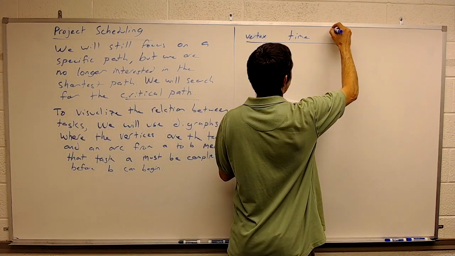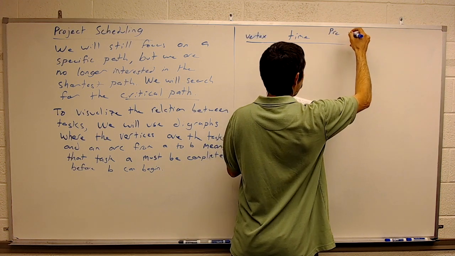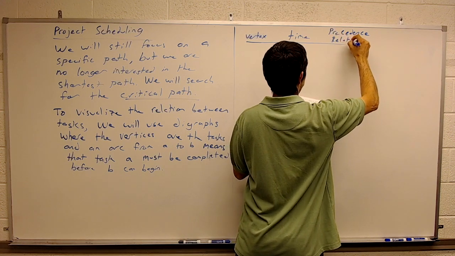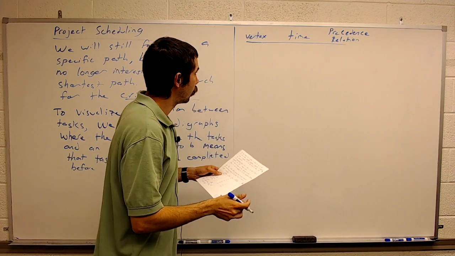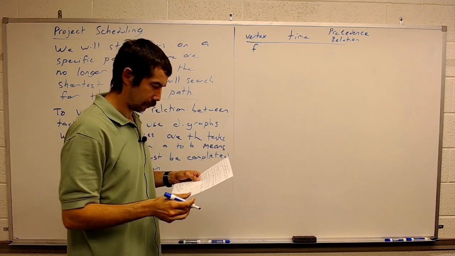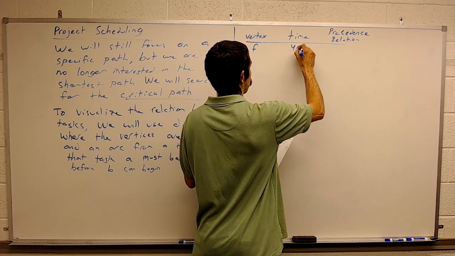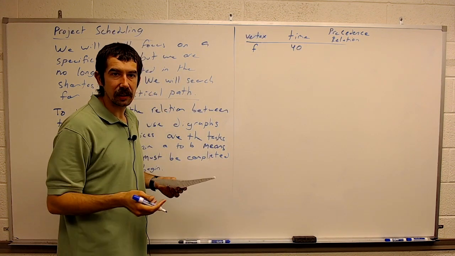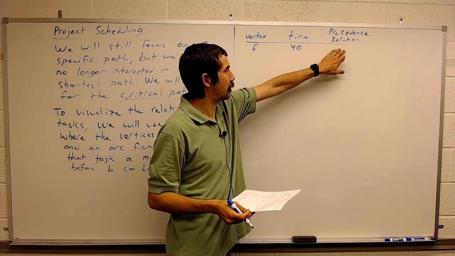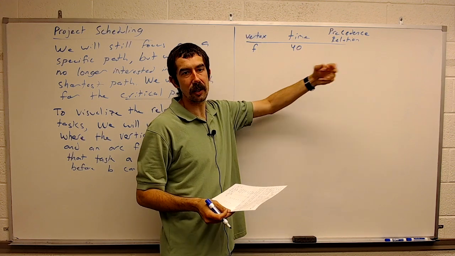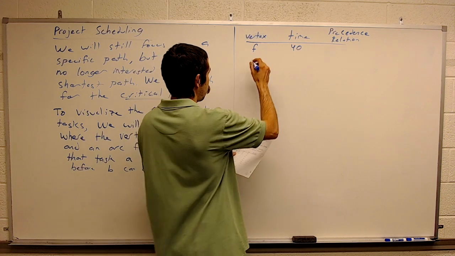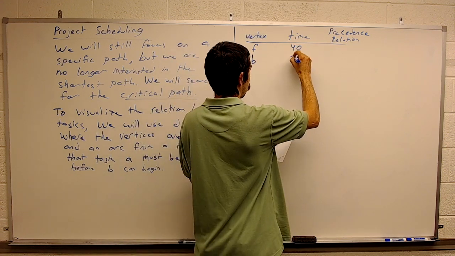So we call that the precedence relation. Here, suppose we have vertex F, and it takes 40, let's say, minutes to complete task F. And we'll have no precedence relation for F. That means we could start F right away. Nothing needs to be completed before F could start.